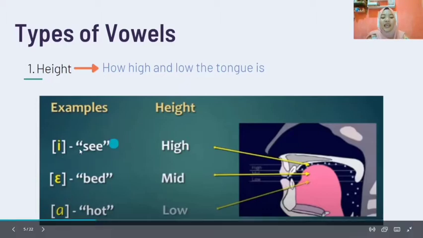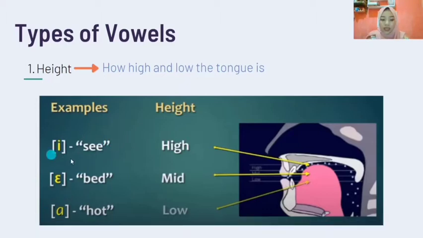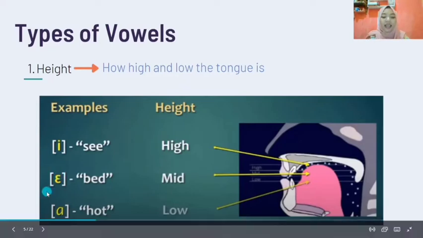So E is an example of a high vowel, the vowel in the word bed is considered a mid vowel, and A is a low vowel.